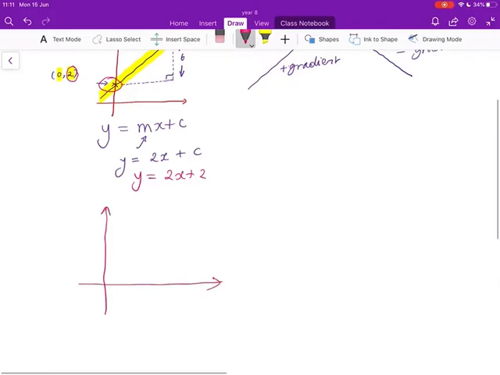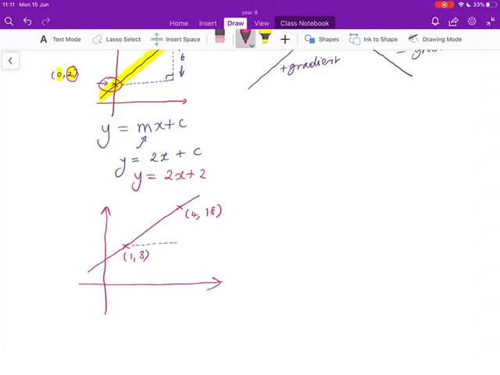Let's say I draw out another line. Okay, and I choose a couple of points on it. So let's say the point 1, 3, and let's do the point 4, 18.